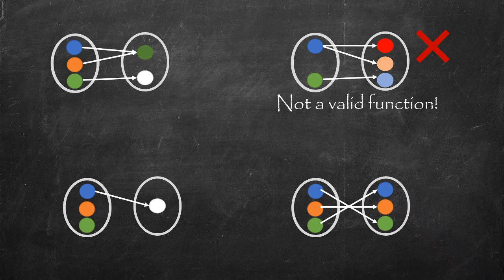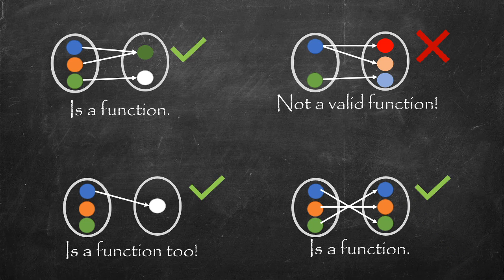Now I want you to take a look at these three other relationships, mappings, and pause the video and think about it. Think about each of these and answer to yourselves whether they satisfy the criteria we established so far of what it is to be a function.